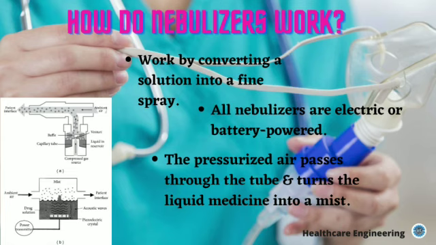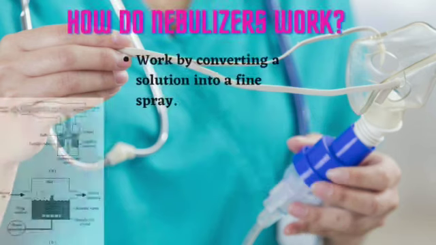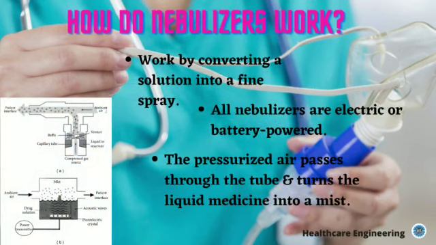All nebulizers are electric or battery powered, unlike handheld inhalers. The fine spray is administered through a mouthpiece or a full face mask, depending on the patient and the requirements.